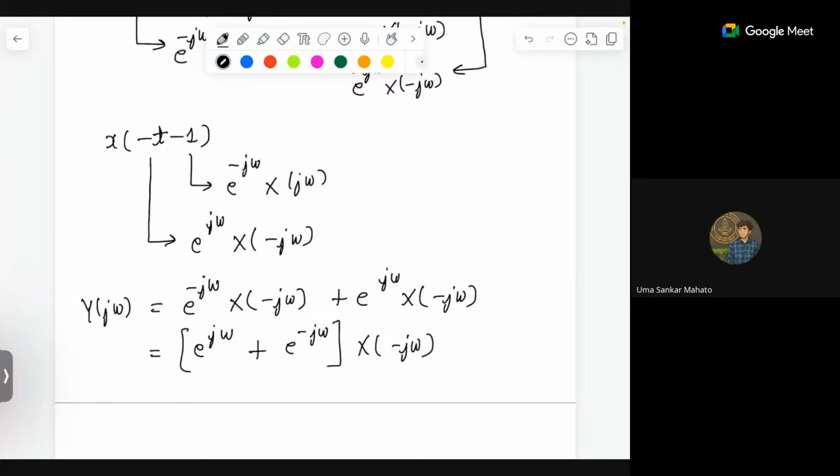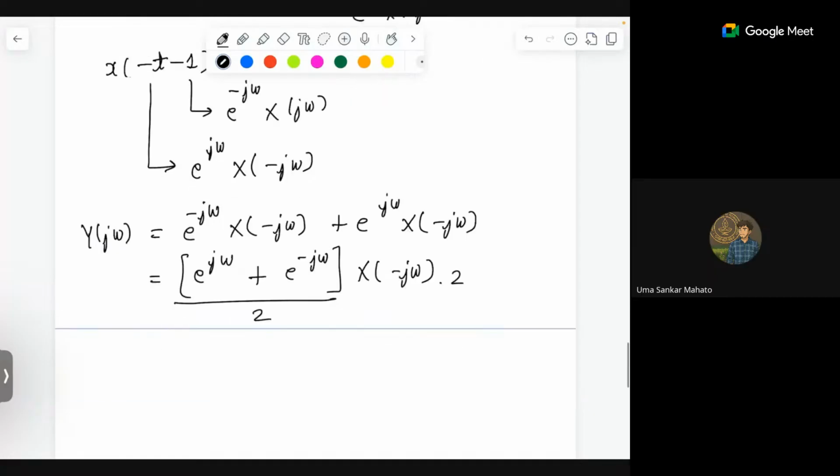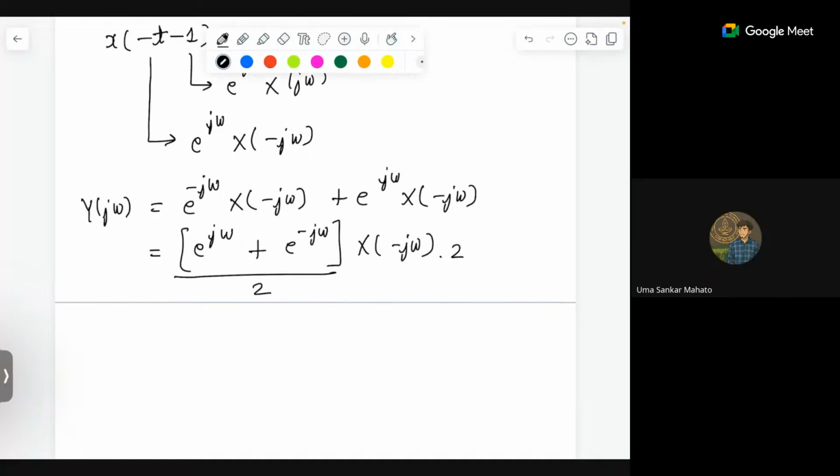Now I will multiply and divide by 2 so that I could convert it into cos. This thing becomes cos omega. So this is equal to 2 times cos omega x of minus j omega. Just the answer that you got. Is this clear?